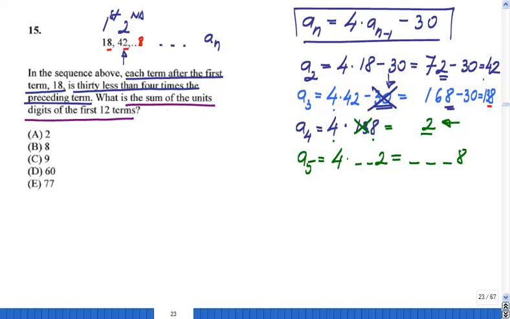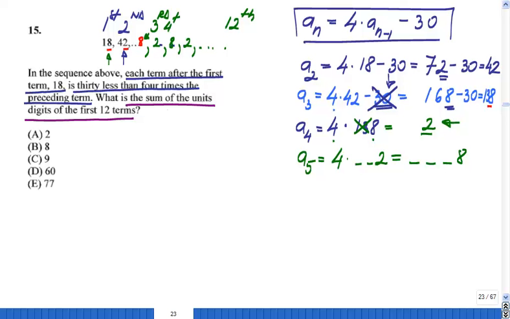And it seems to me that my sequence will have an 8 and a 2, an 8 and a 2, an 8 and a 2, and so on. I'm going how far? I'm going to the 12th term. Okay? And what you guys notice? The first term is an 8. The third one is also an 8.